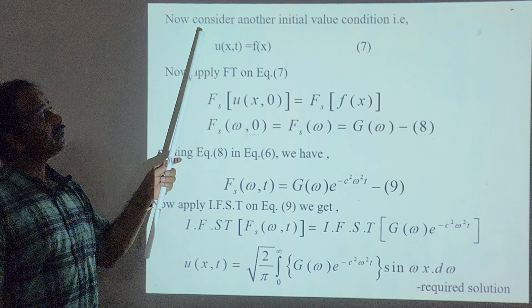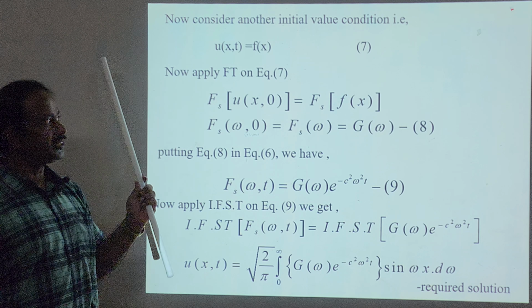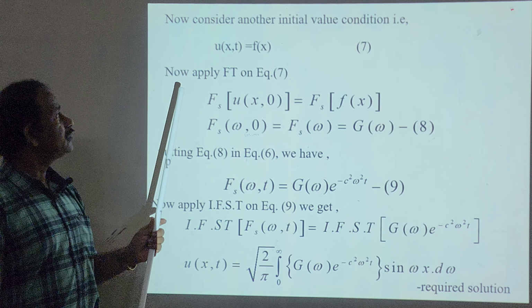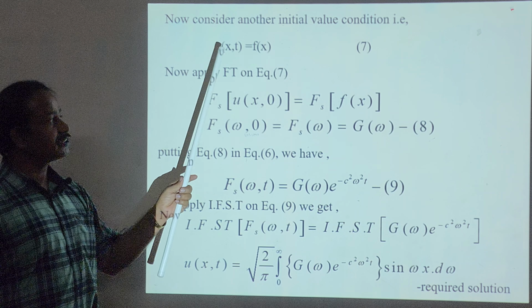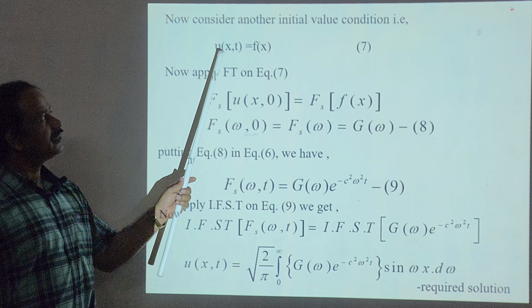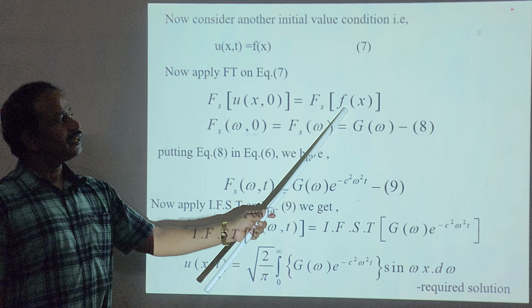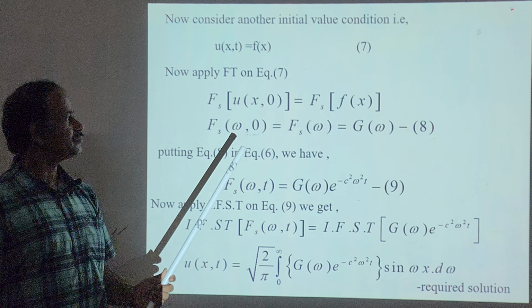Now another initial condition, u(x, 0) equals f(x), which has been given in the problem. So now apply the Fourier sine transform on both sides of equation 7. You have F_s of u(x, 0), which is equal to F_s of f(x).